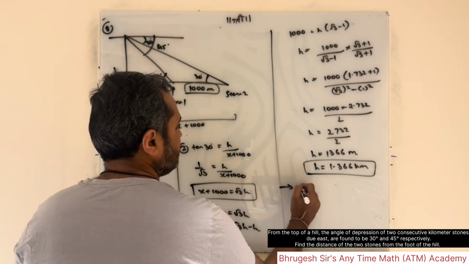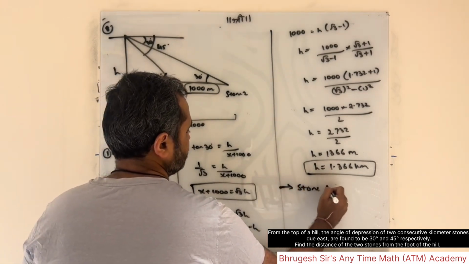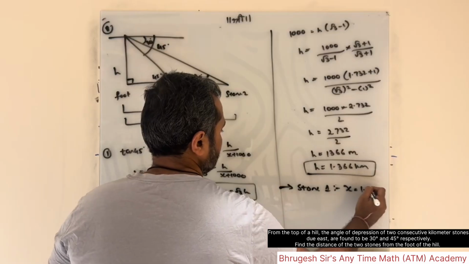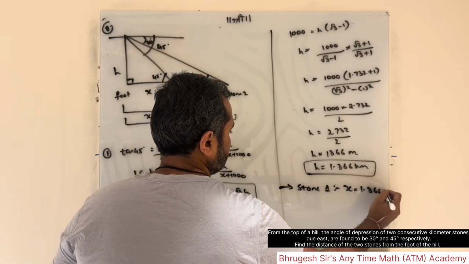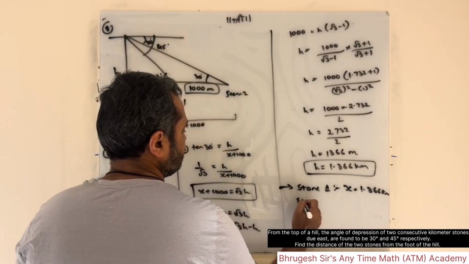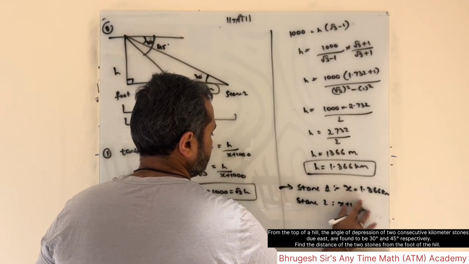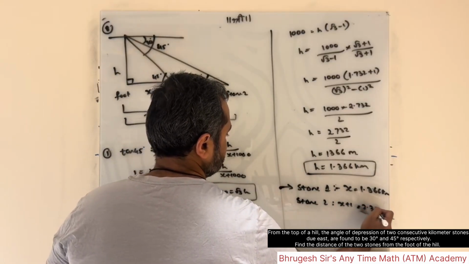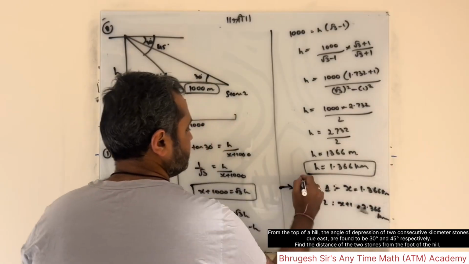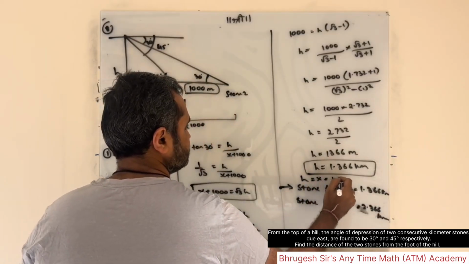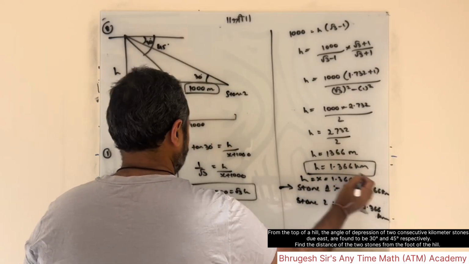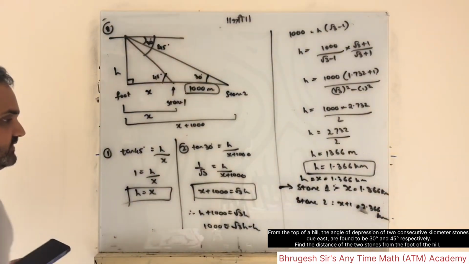So stone 1 is at a distance of x, which is 1.366 kilometers, and stone 2 is at a distance of x plus 1000, x plus 1 kilometer, which is 2.366 kilometers. बेटा h और x दोनों सेम है. From the first equation, can I say h and x is same, beta?